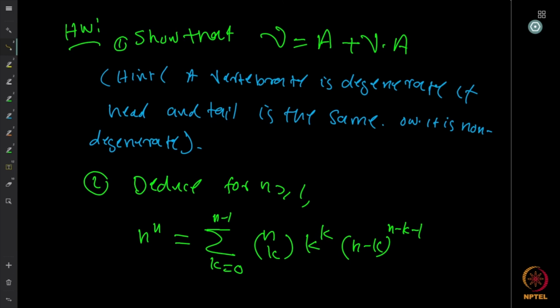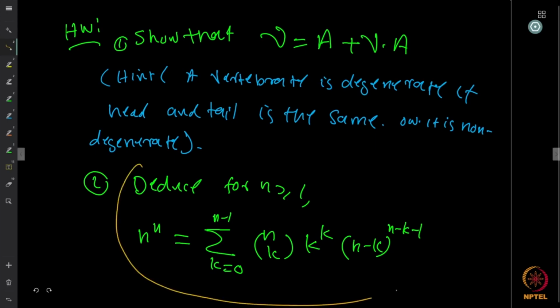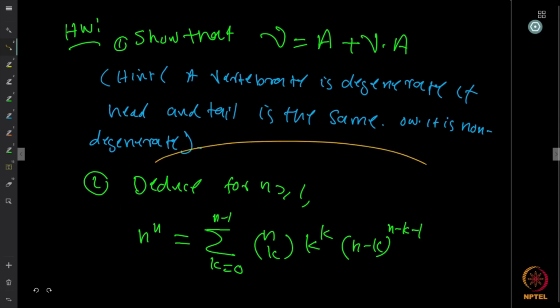If it is not degenerate, then you can cut off the tail and look at the remaining part, and use this to prove the statement. Then deduce the following: for n greater than or equal to 1, n to the power n is equal to the summation for k equal to 0 to n minus 1 of n choose k times k raised to k times n minus k, whole raised to n minus k minus 1.